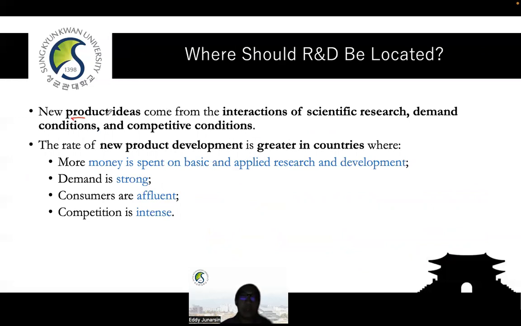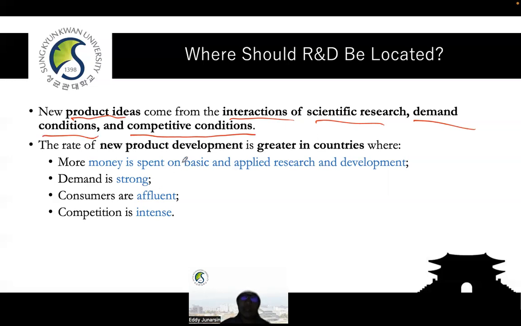So product ideas could come from anywhere, but usually from the interaction between the scientific research, we have the internal research division, researchers conducting studies all the time, the product research, market research, also financial decision making, and so on. And also the interaction among the scientific research, demand, and competitive circumstances.